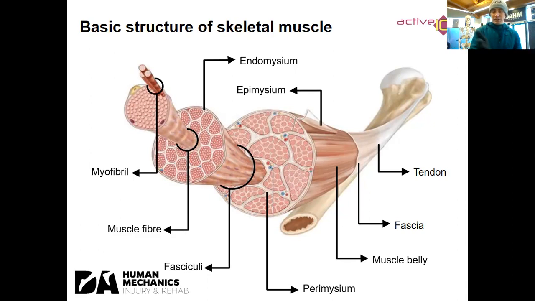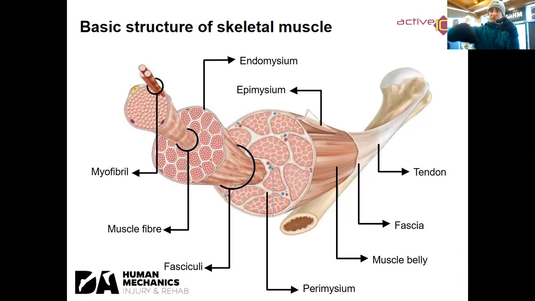Perimysium is the white material, again, this connective material that sits around each fascicle. Okay? Then within each fascicle, we have the endomysium, which is similar to the epimysium. However, it's at a deeper level. It sits within. It's almost like having intermuscular, so around, and intramuscular, within.